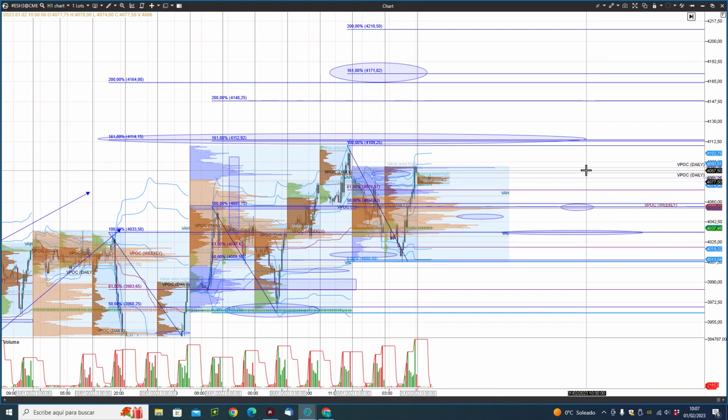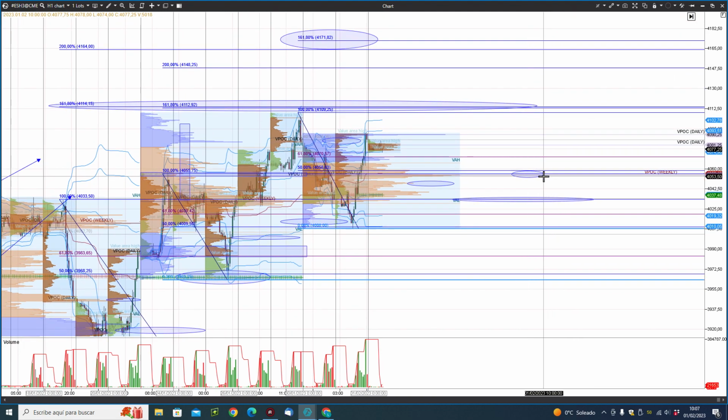Let's see what happens with S&P. S&P, higher targets. These projections are very close to the maximum of the day 27 January. There were two targets, the projection of these pullbacks, 4,112 approx, and the next great target would be the projection of this pullback if it continues rising to 4,171.